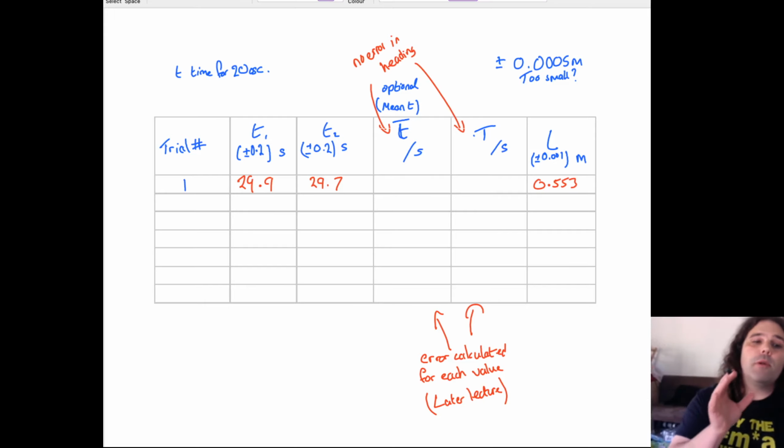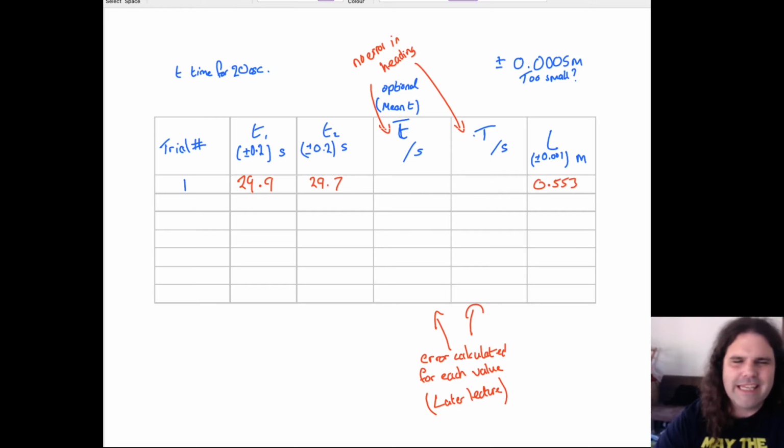Now, the stop clock might measure to 2 decimal places. But if my error is plus or minus 0.2, there's kind of not much point having that extra decimal place. So, 1 decimal place is fine. 2 decimal places is essentially it's too precise for our error.